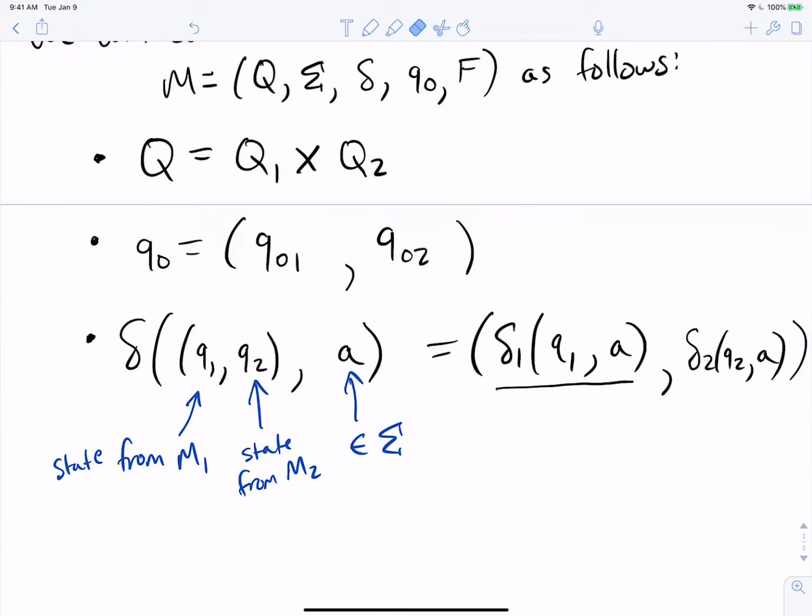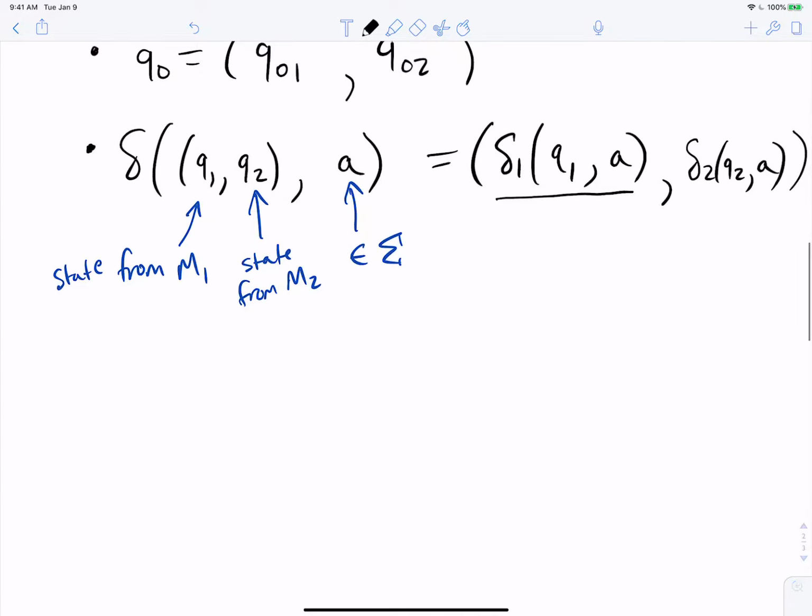But notice something interesting. In these pieces that we've done, did we even think about union or intersection? So this method works up to this point, whether you're doing union or intersection, which is pretty nice. So let's do union for the final states.